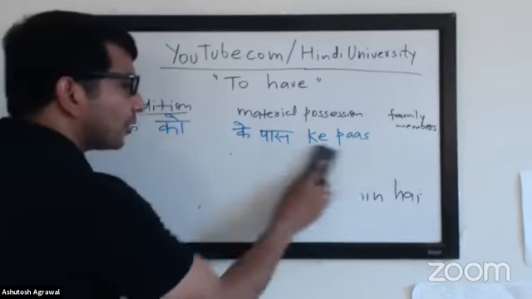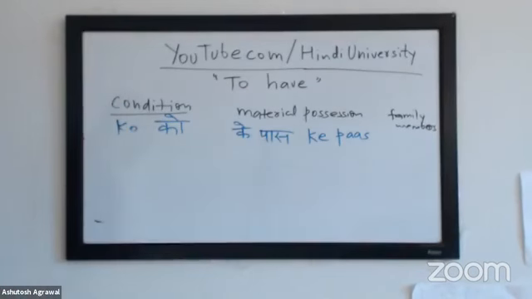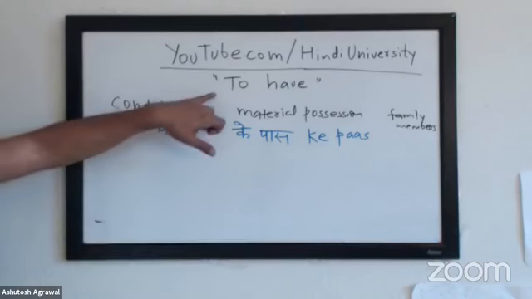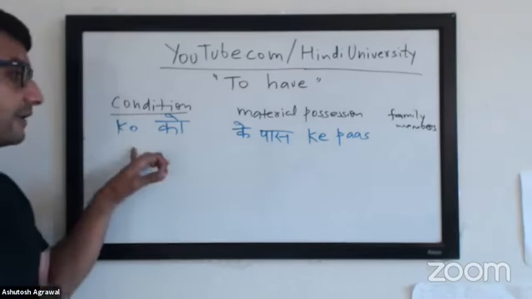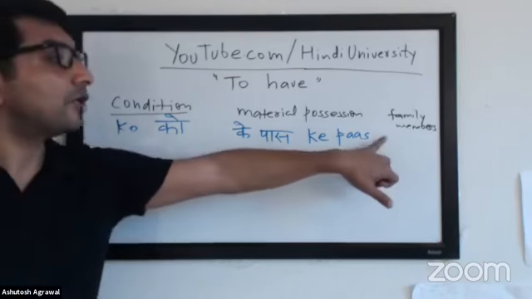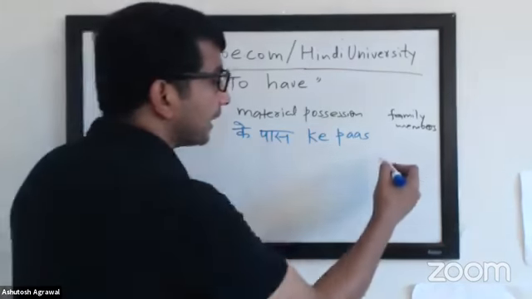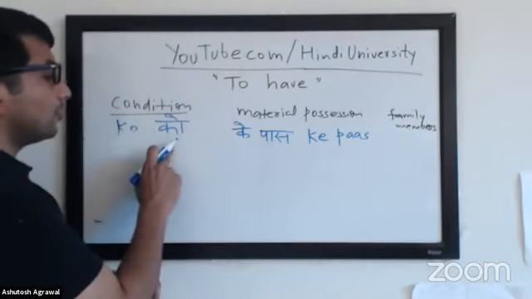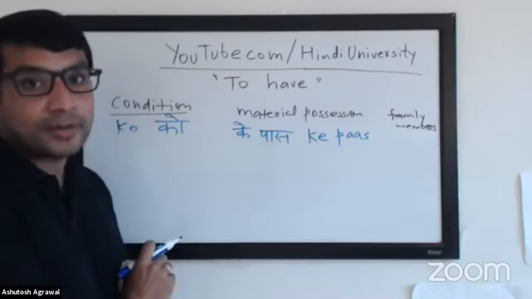We'll move on to the next topic, which is family members. What is the third postposition we can use to express the notion of to have? Like I have, so far we've covered like I have fever, I have medicine. What about I have 2 brothers, right? I cannot use मुझको 2 भाई हैं, or मेरे पास 2 भाई हैं.